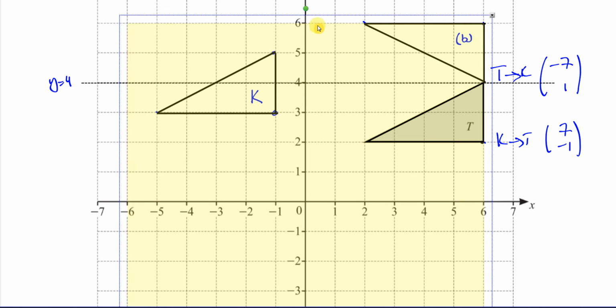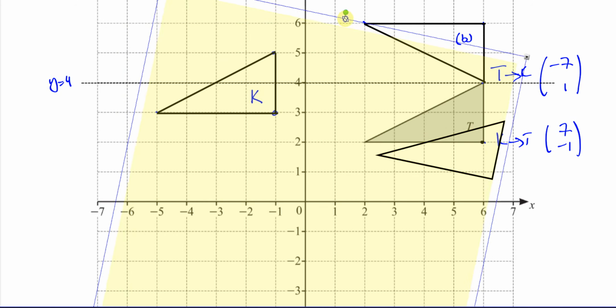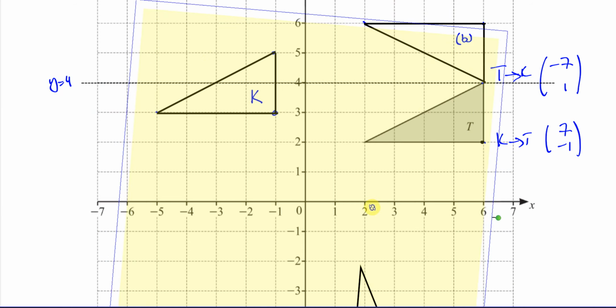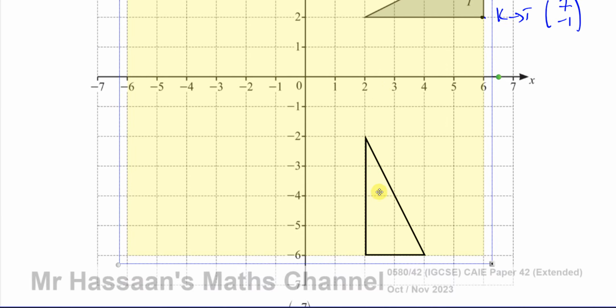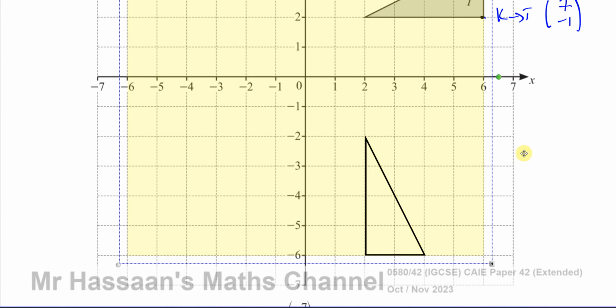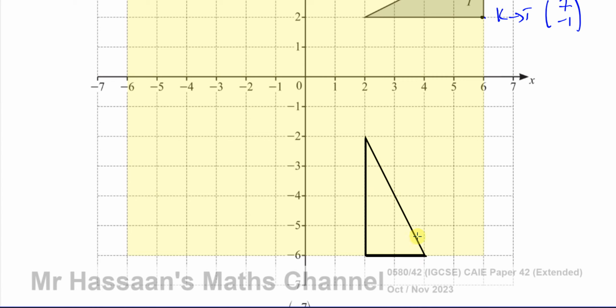So let's rotate through 90 degrees about the origin and see what we get. We end up with something over here. It looks like this. So we rotated this 90 degrees about the origin, and we end up with our shape over here. So we lift up the tracing paper and we draw the triangle in that place.